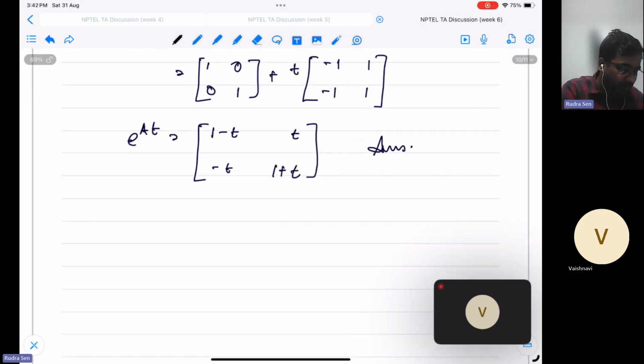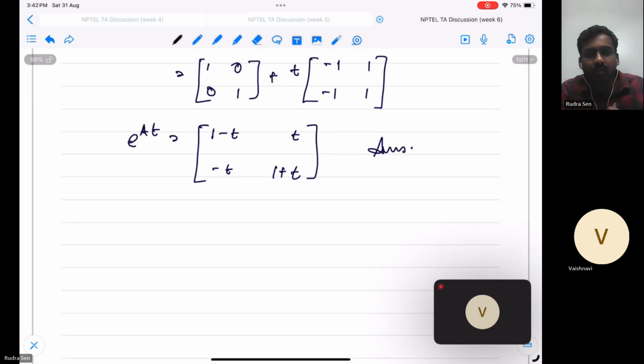So you know the MATLAB commands, right? How to transfer from state space to transfer function to state space. What are the MATLAB commands, how to find the eigenvalues, and what command we should use to find the eigenvalues of a matrix.